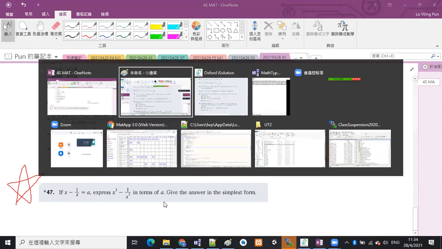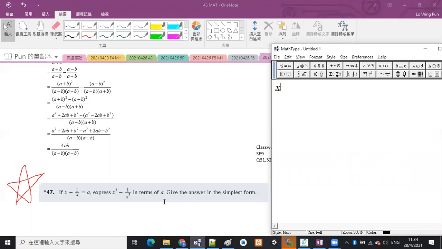Now we want to find x cubed minus 1 over x cubed in terms of a. At first glance, it can be written in the a cube minus b cube format. Okay, so that is x cube minus 1 over x cube. And then we may use the identity.